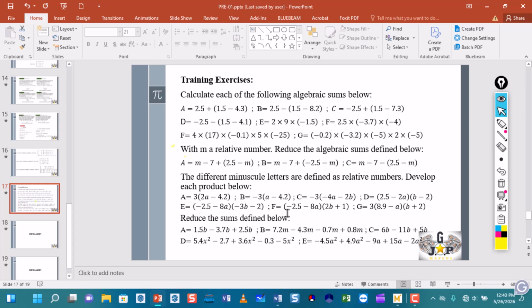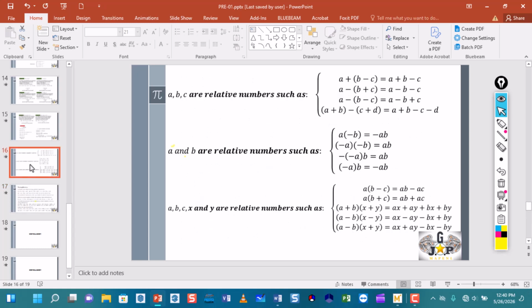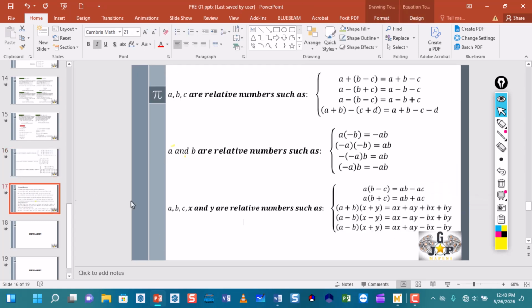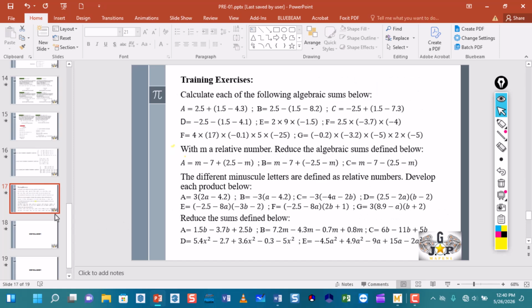Same thing with the E, same thing with the F, and for the G here, you're gonna do the same thing we did here with the second and the third term, by using the formula that is on this page. I think it has to be the last one, if I'm not mistaken, because there's a different sign.